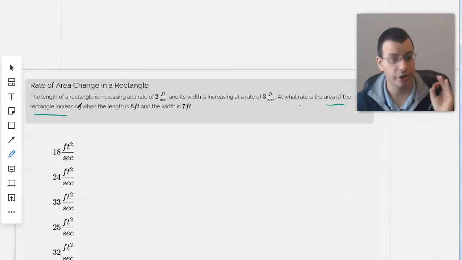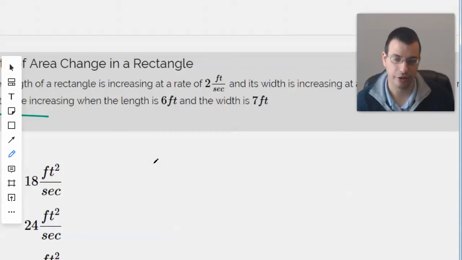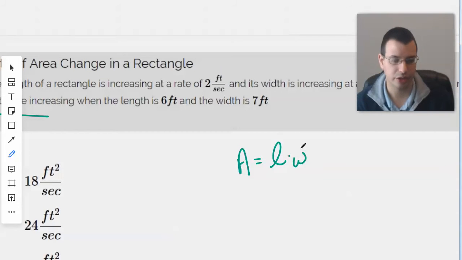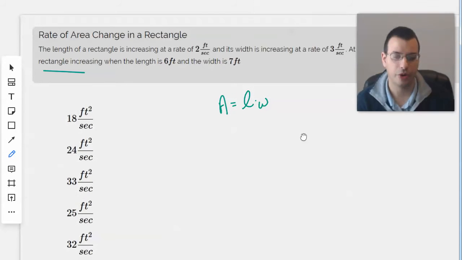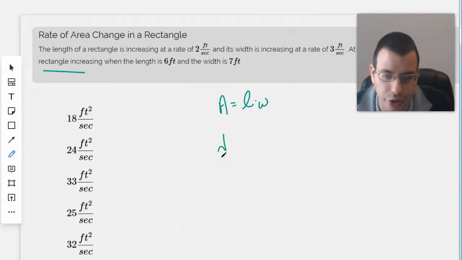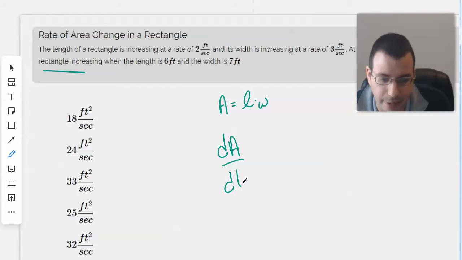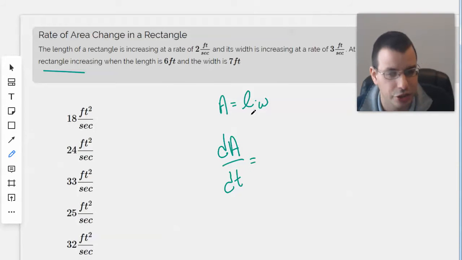So first thing we need to know is a formula for the area. So area equals length times width, and then we want to know the rate of change of the area with respect to time. So we'll do dA/dt. And so we'll take the derivative of the left side, derivative of the right side.